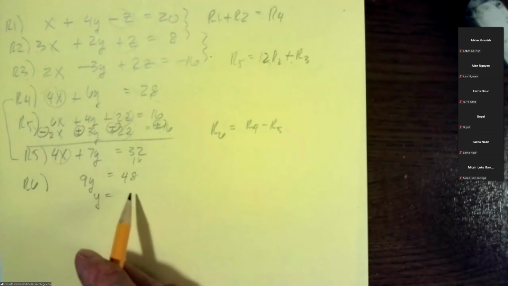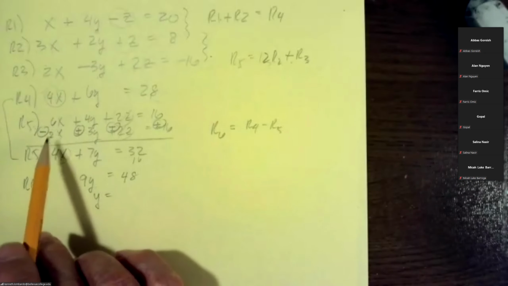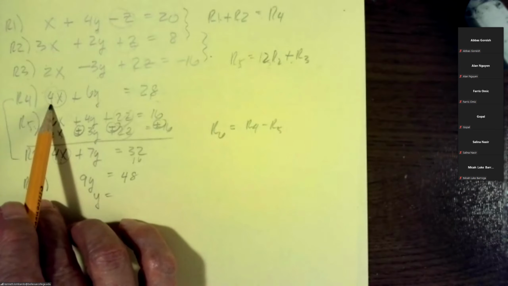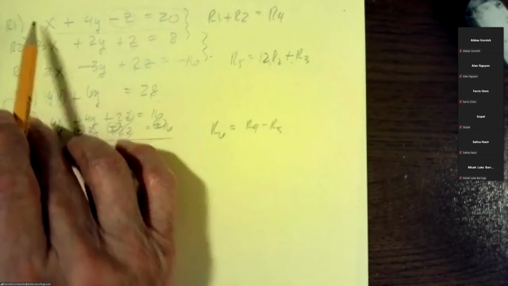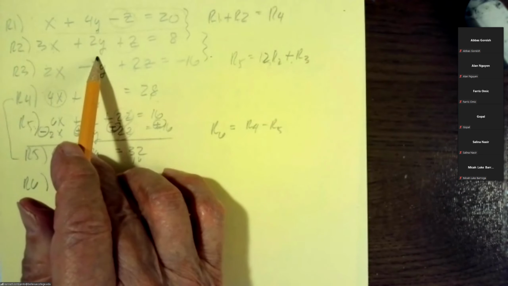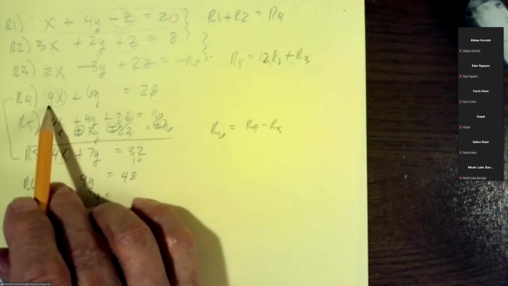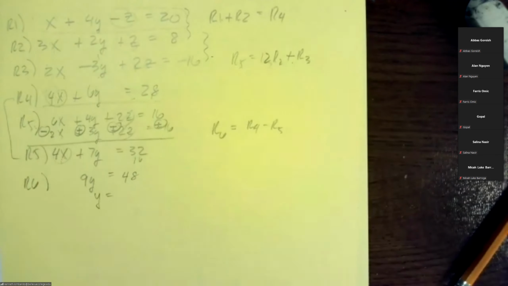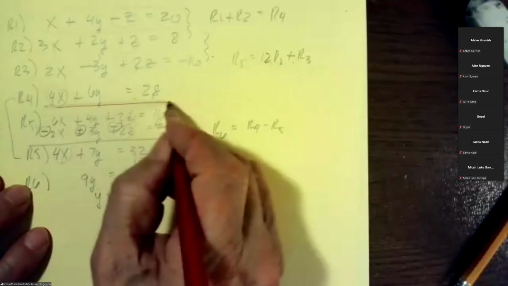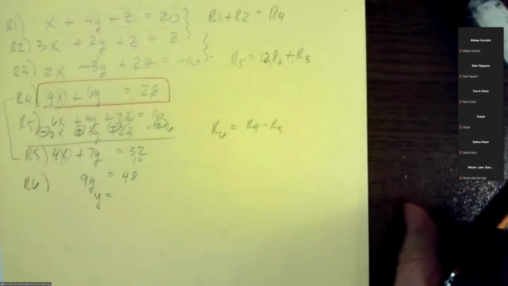Let me redo that. If I take the first one, that was good: 4x, 6y, 28. That looks good. All my calculations are correct there.